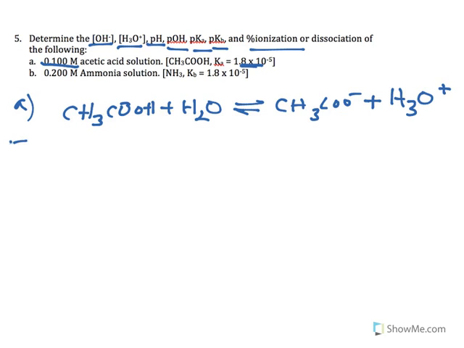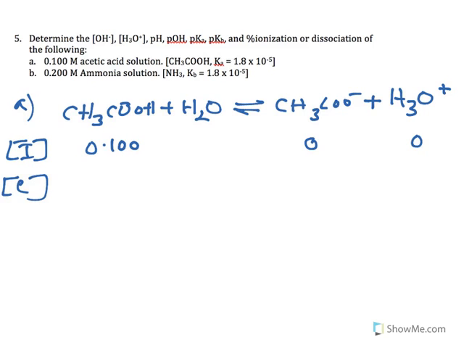Now we write down our initial conditions. We're given 0.100 molar acetic acid. Water is not participating in this reaction. Then we have 0 molar of CH3COO-, and we have 0 molar of H3O+ ions. Next, we write down our change conditions.